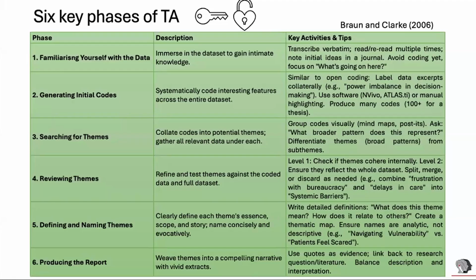And then the second phase is the phase of generating initial codes. Like the phase says, initial codes. This is a systematic process where you get to code interesting features across the entire data set.